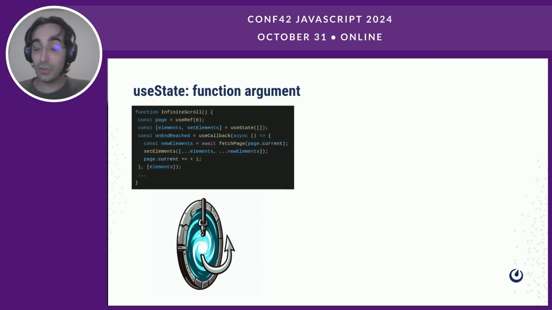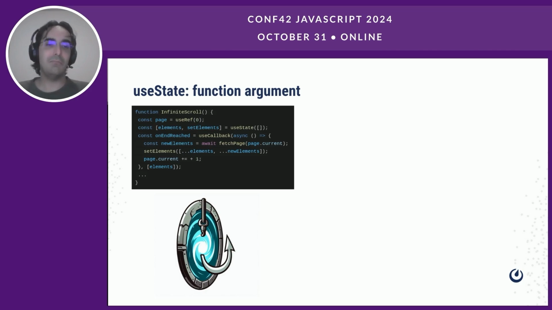Also, using the function argument of useState. Here you have set state, and we get all the elements that we already have and add the new elements. Perfect. But now we depend on elements. So the moment we do this, onEnrich also gets recreated.